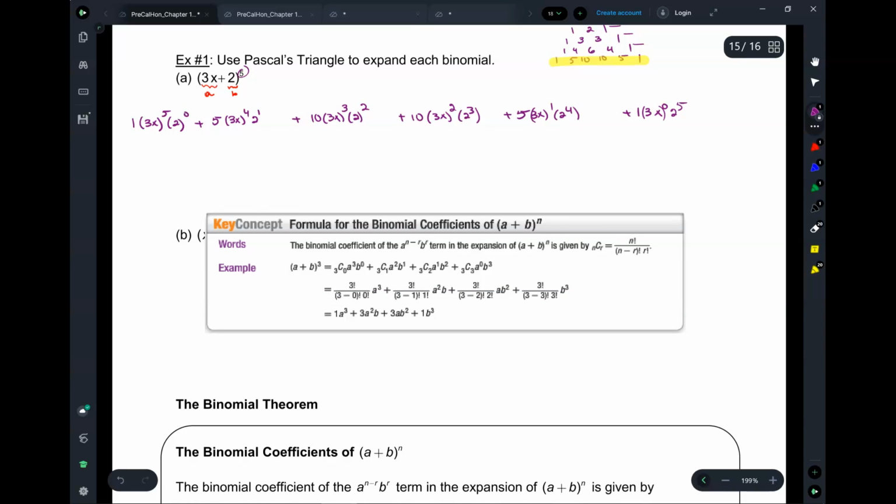So 3 to the 5th, 243x to the 5. And then it's plus 5 times 81x to the 4 times 2, plus 10 times 27 times 4x cubed.